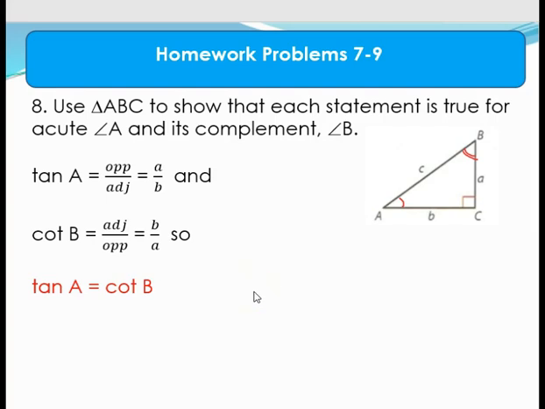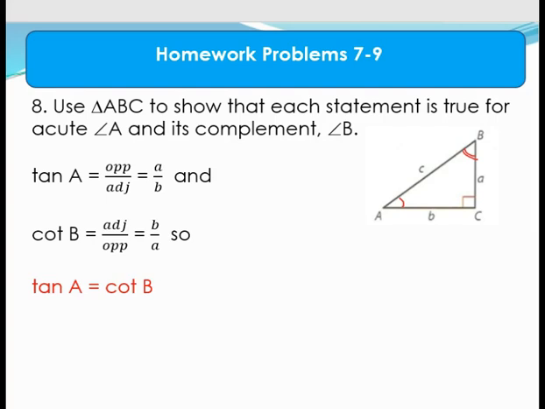Now, how do you know that this is true? If you want to, you could substitute a degree measure there. You could say tan 30. If this was tan 30, then cotan B would be 60, and you can work it out and you will see that they are equal together.